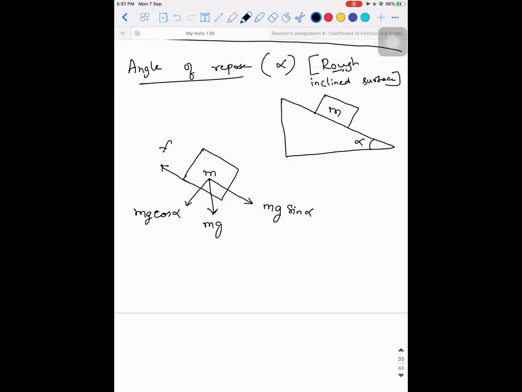So I kept it on a rough inclined plane. Generally, when you draw it for a smooth surface, the frictional force will not be there. But in this case, there is a frictional force acting on the object. So the object will have the tendency to move in which direction?